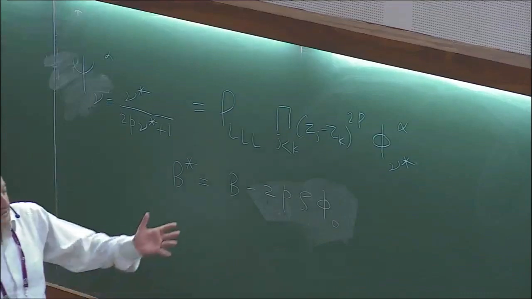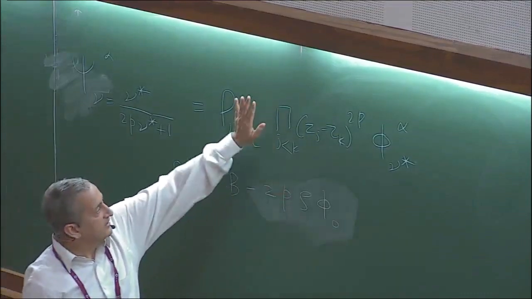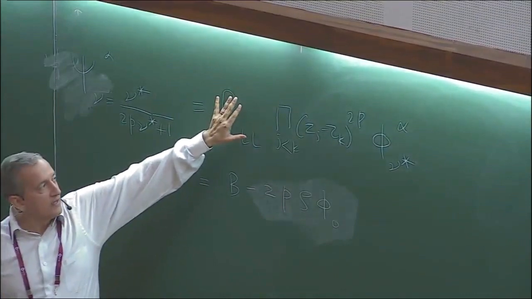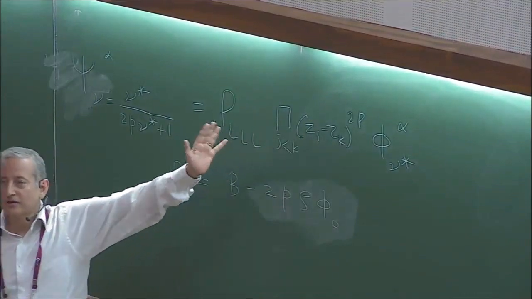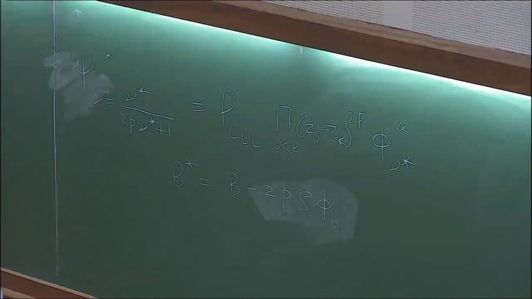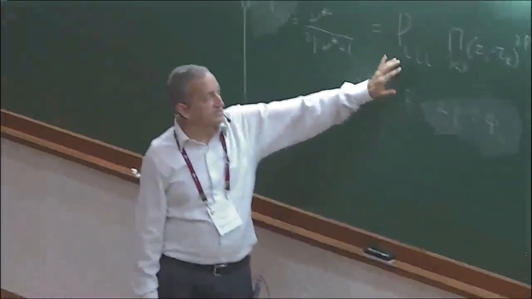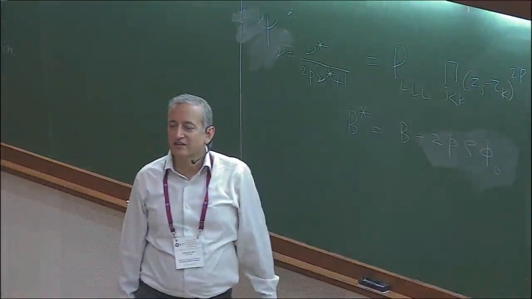Now, we will assume in our lecture today that even without this lowest Landau level projection, this captures the qualitative physics correctly. What the lowest Landau level projection does is it adjusts the energy scales a little bit.